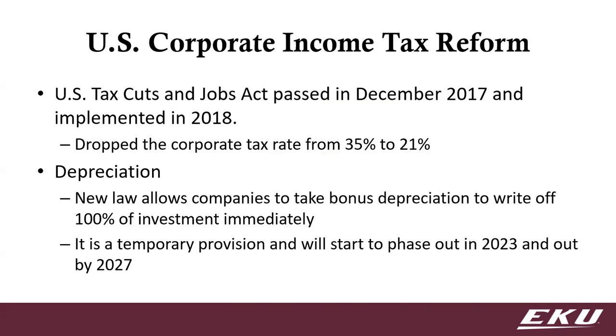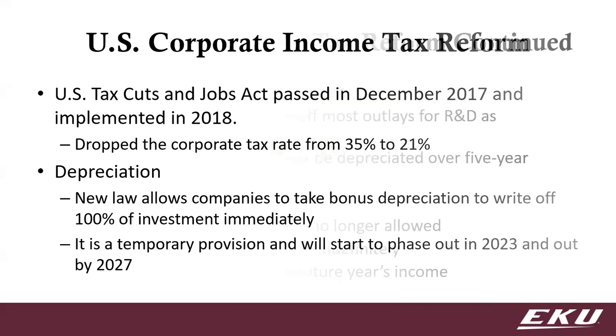This was to spur R&D, and so companies are allowed to expense a lot of things instead of depreciating them. By writing it all off immediately, you're able to take that tax shield. So that was a change.